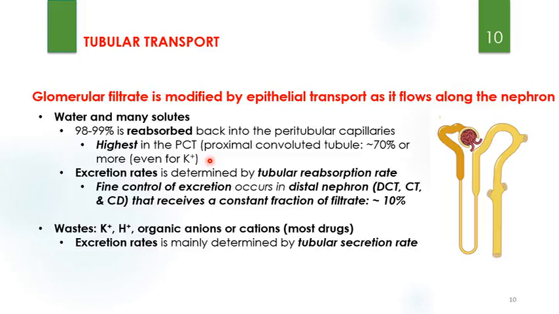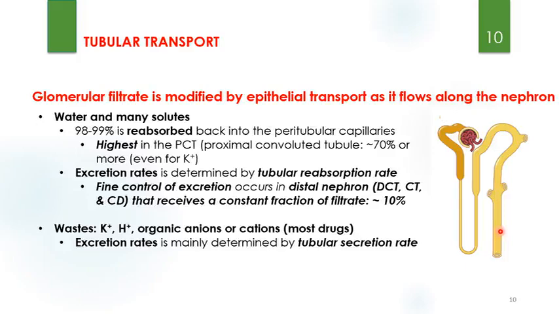An excretion rate for any substance is determined by the tubular reabsorption rate for that substance. And fine control of excretion mainly occurs in the distal portion of the nephron, including the distal tubule, late part of the distal tubule, collecting tubule, and collecting duct.